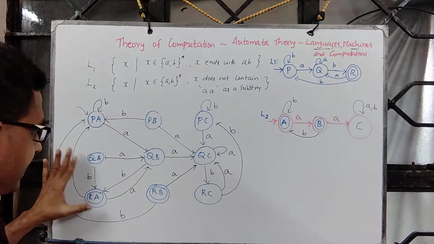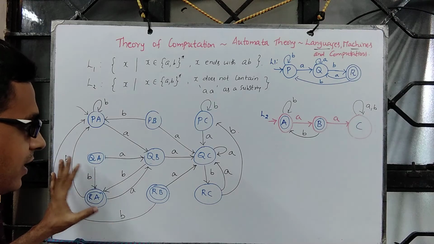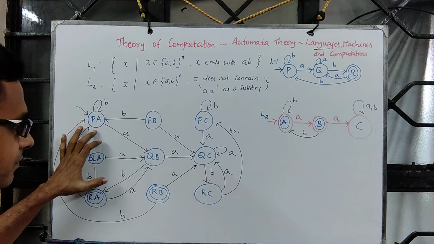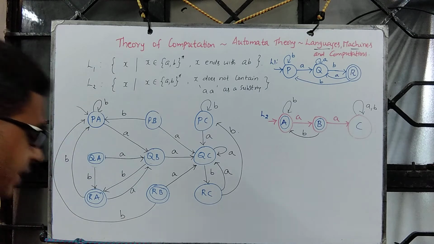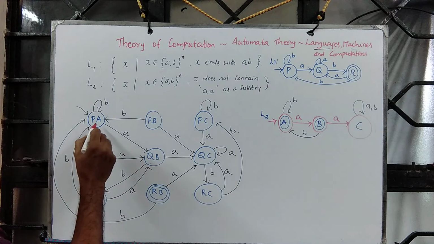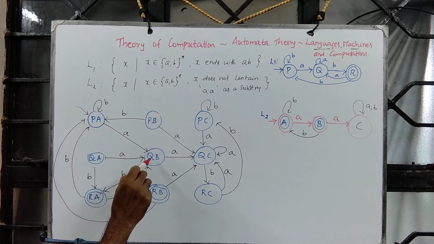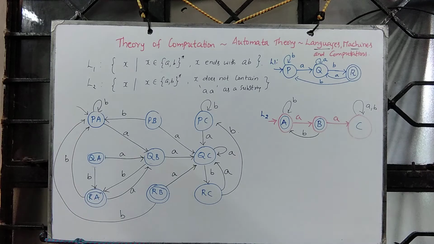But some states in this automaton are not reachable from the start state, so such states can be pruned. For example, we always start from PA. On reading a we move here, and on reading b we continue to stay at PA.